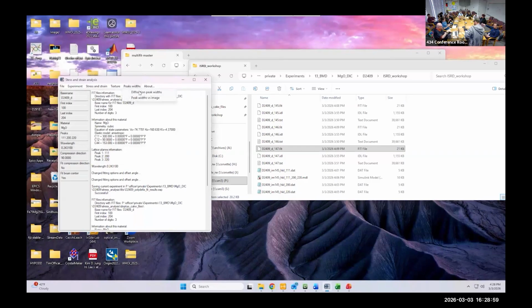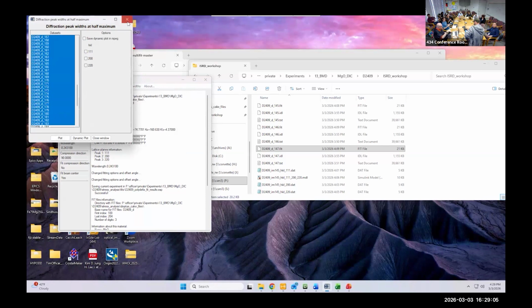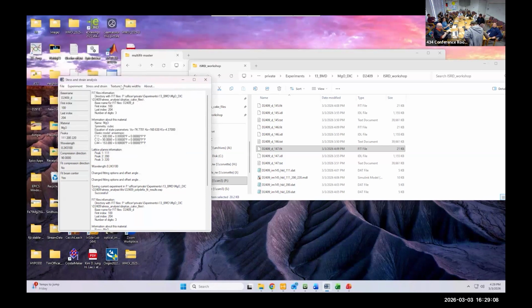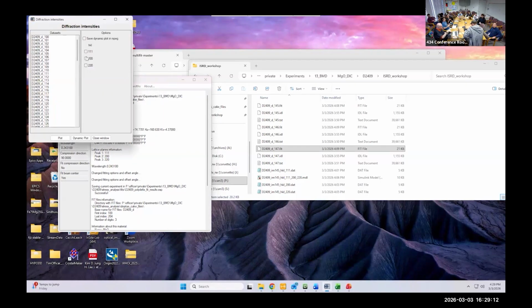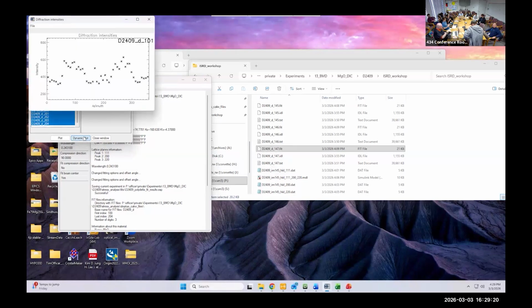Yeah. So we can also look at the texture. So this is the intensity around the ring. Just pick the big one, so this is at the 90 degrees.